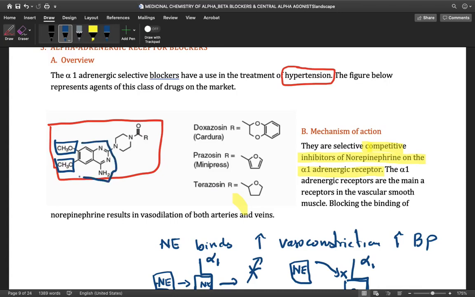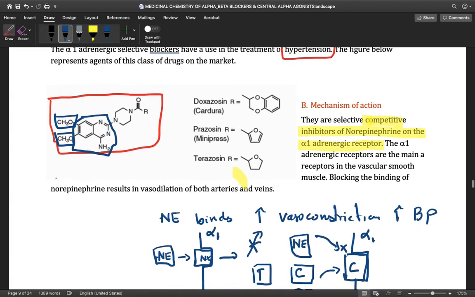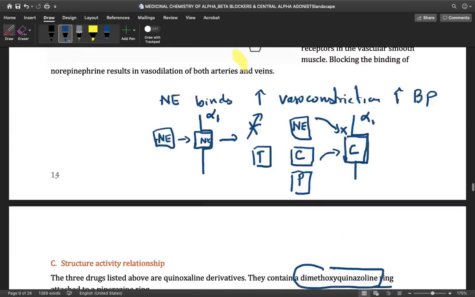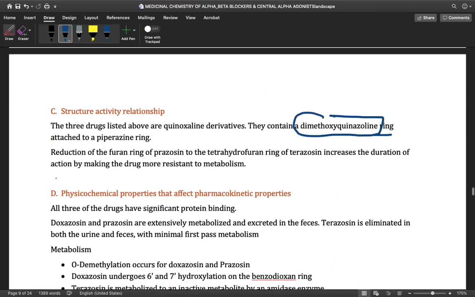Dimethoxyquinazoline ring, attached to a piperazine. So look for what you know, and remember those names. Alpha 1 adrenergic selective blockers used for treatment of hypertension have a dimethoxyquinazoline ring attached to a piperazine ring. So remember that. It's important for you to know these.